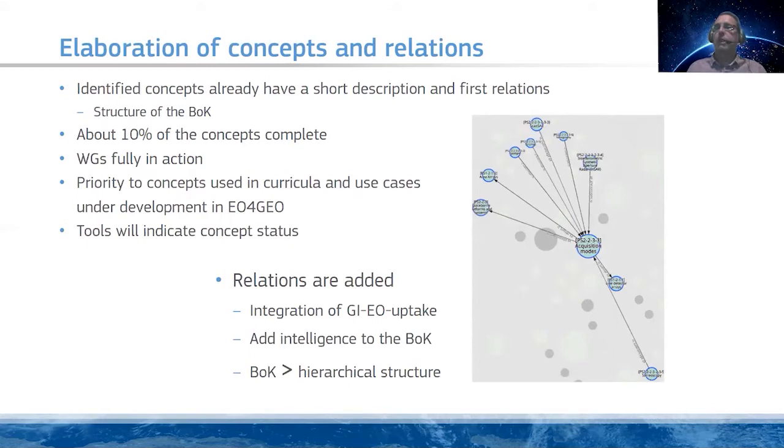We also work on the relations between the concepts, and this is very important because by creating new relations we get a better integration between the GI, the Earth observation, and the uptake part of the body of knowledge. Relations also add intelligence to the body of knowledge.